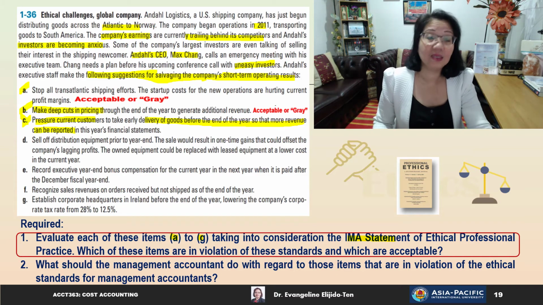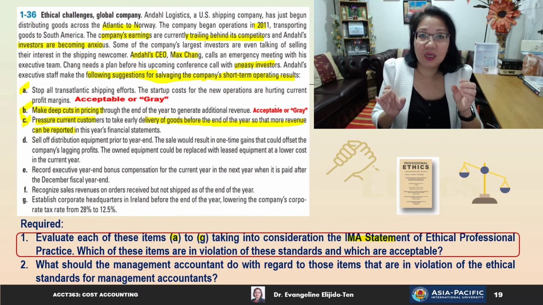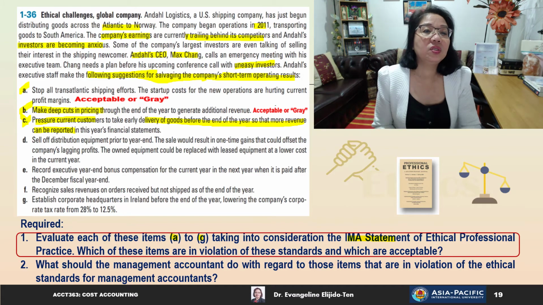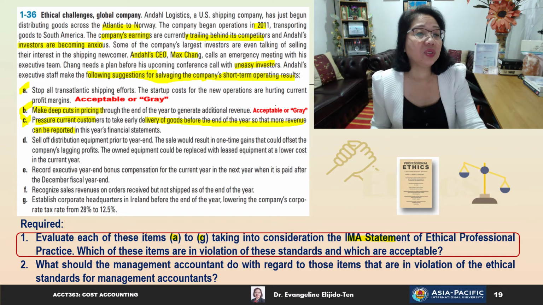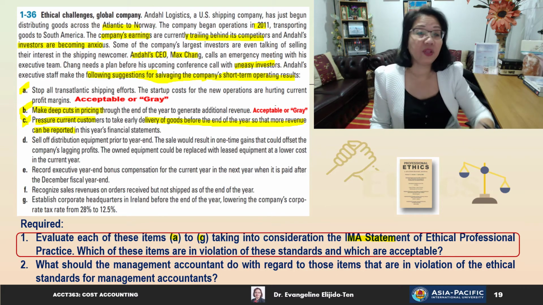This tactic is commonly known as channel stuffing. There is actually a tactic particularly referring to this. So this tactic merely results in shifting future period revenues into the current period.